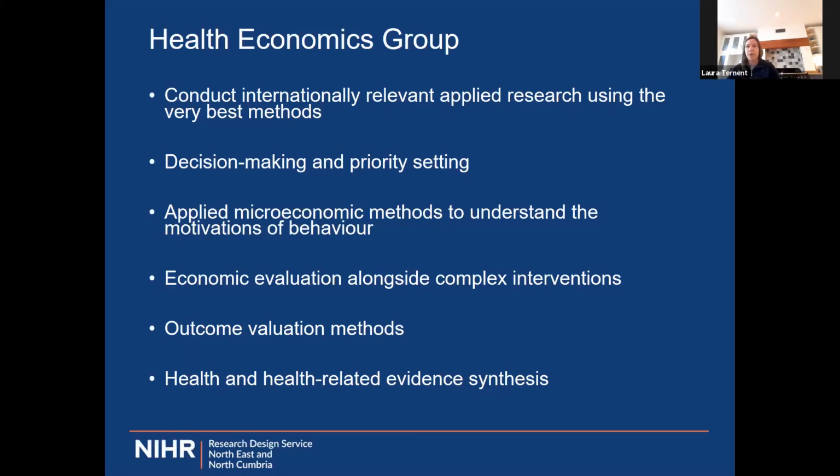Things like cost effectiveness analysis, cost per quality analysis, and so on. And then outcome measurements, outcome valuation. So how do we measure and how do we value health-related quality of life measures such as the quality adjusted life year and others. And then finally, health and health-related evidence synthesis. And Fiona's nicely covered that already, so I'll leave that one there.